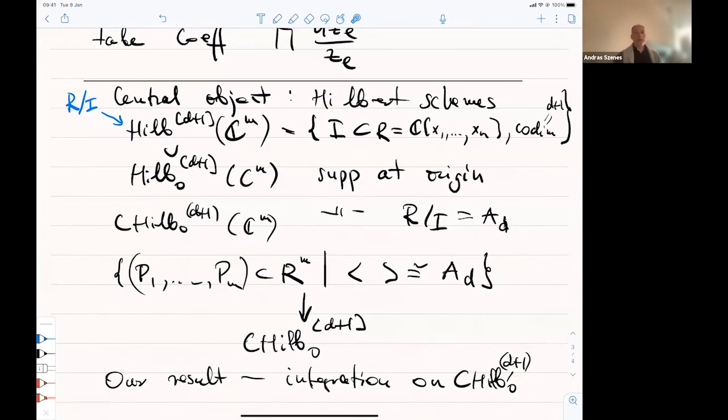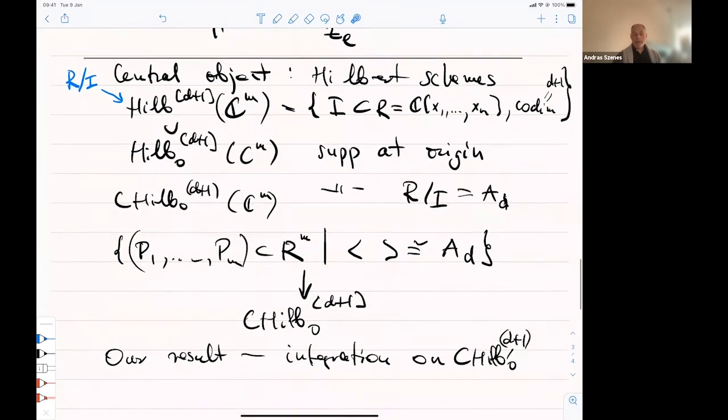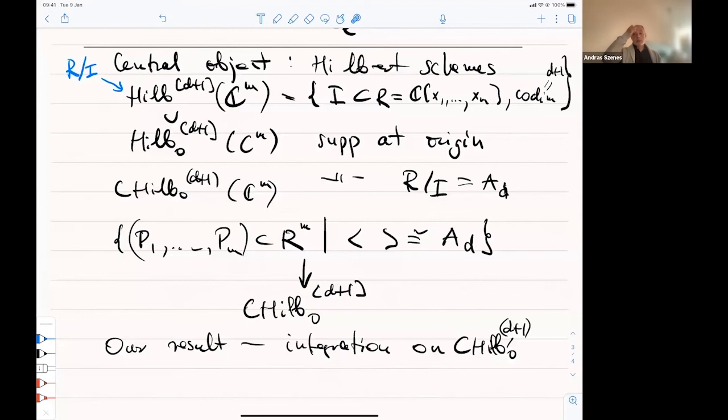Okay, roughly that's the result. And now in the remaining time, I don't know if there are any questions here. So I've finished this part.